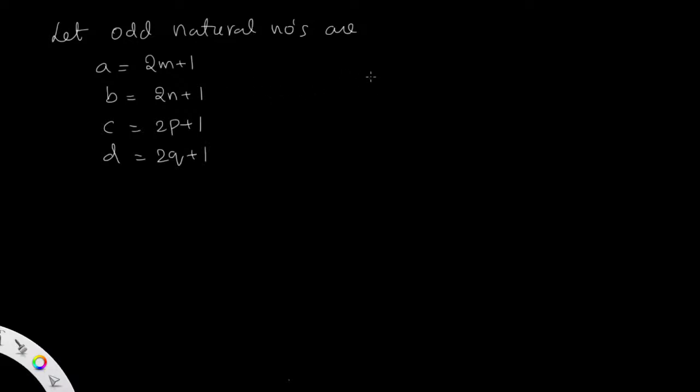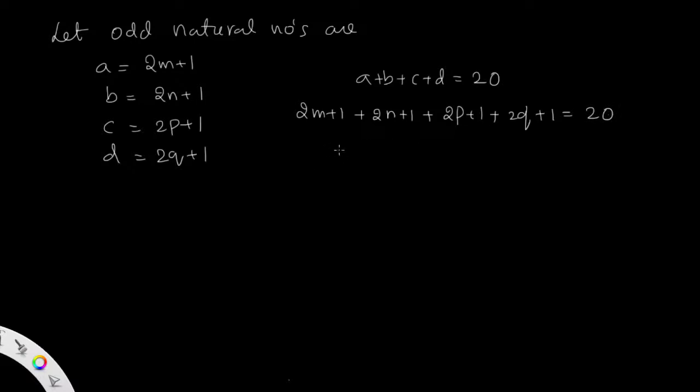In the question, A plus B plus C plus D equal to 20 is given. Now 2m plus 1, 2n plus 1, 2p plus 1 and 2q plus 1 equal to 20. From this, 2(m plus n plus p plus q) plus 4 equal to 20, so 20 minus 4 equal to 16. Then m plus n plus p plus q equal to 8.